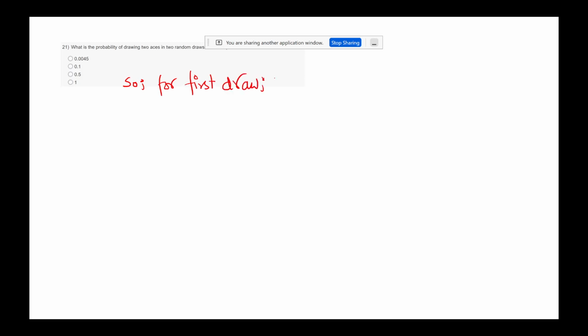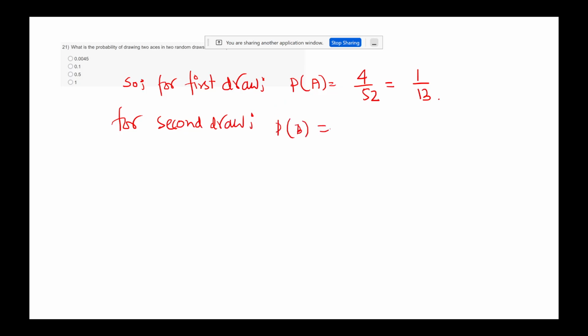So for the first draw, the probability will be 4 by 52, that is 1 by 13. For the second draw, since you have just drawn one ace, it will be (4 minus 1) divided by (52 minus 1), because one card you have just drawn, so it will be 51. So that will be 1 by 17. So the probability will be 1 by 13 times 1 by 17.